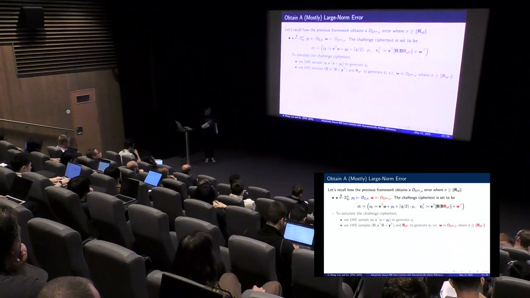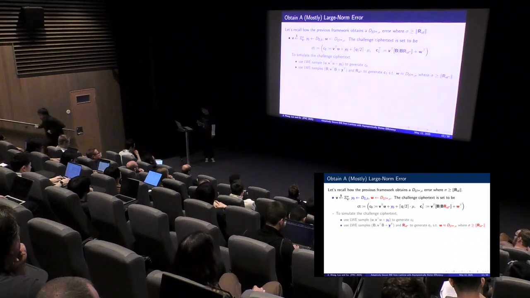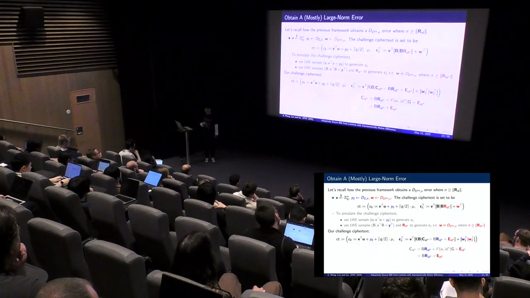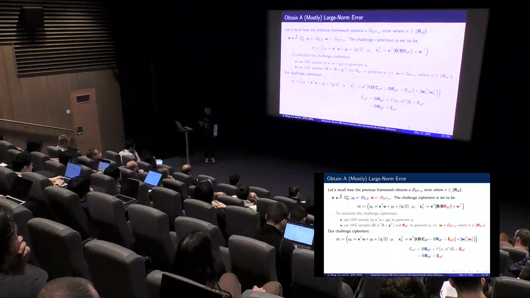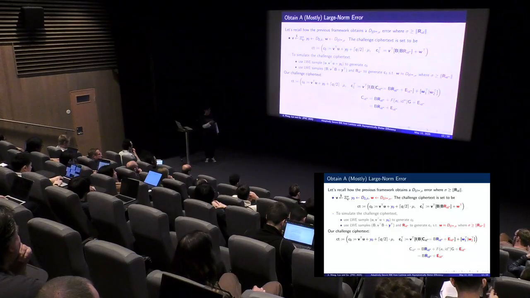And the W's Gaussian width sigma is larger than RID's norm. But in our challenge ciphertext, there are some differences. The first difference is we want to get a hybrid error. That is a small norm W1 and a large norm W2.